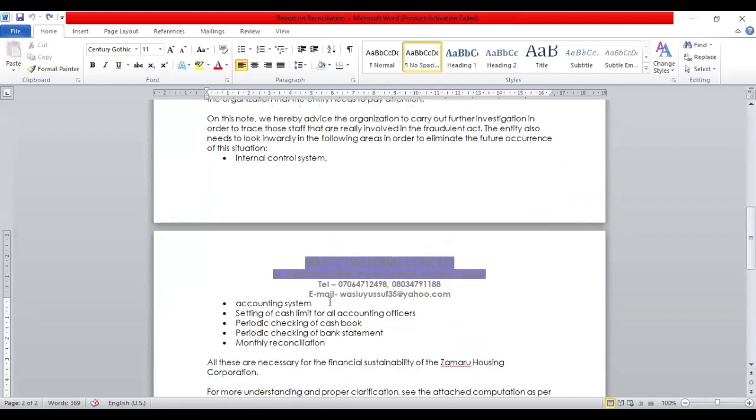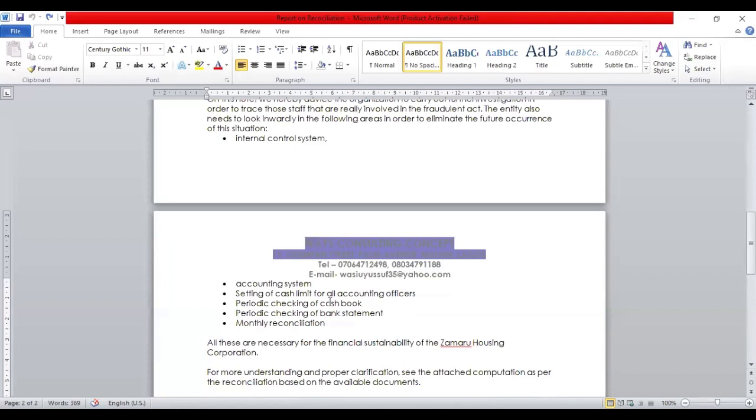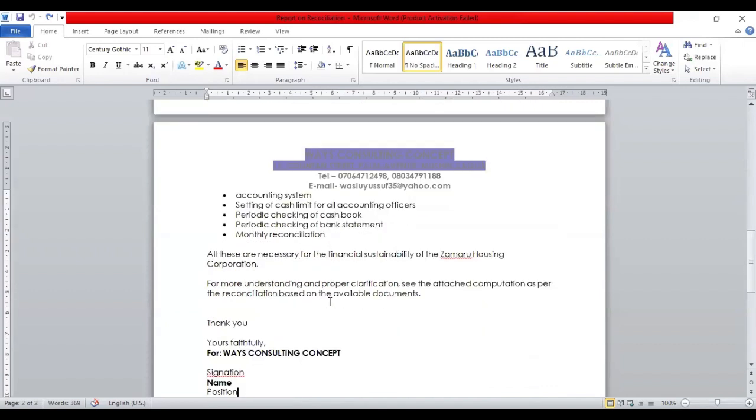All these are necessary for financial stability of Samaru Corporation. For more understanding and proper clarification, see the attached computation as per the reconciliation based on the available documents. Thank you. Yours truly, Ways Consulting Concept. Signature, name.